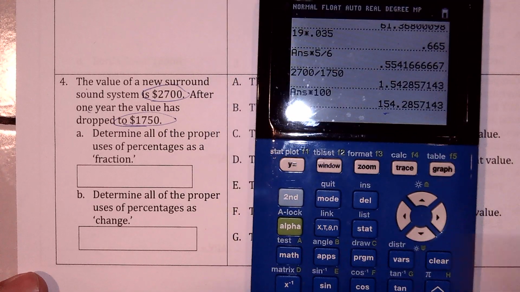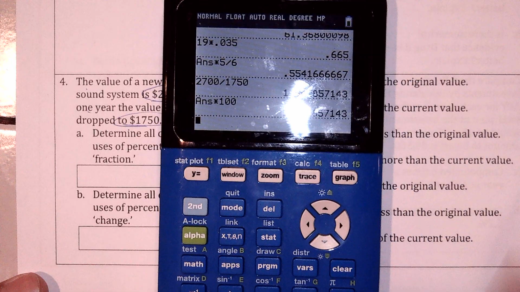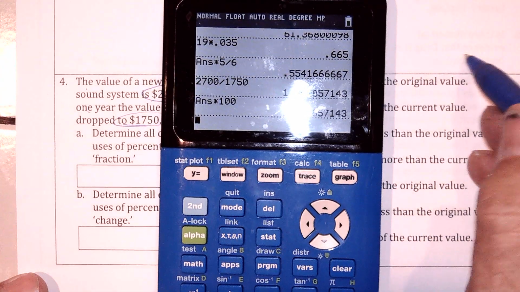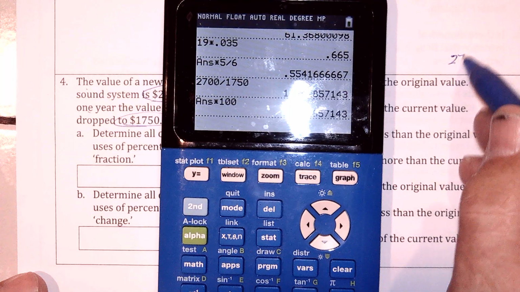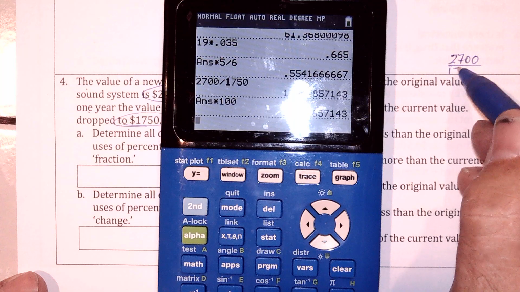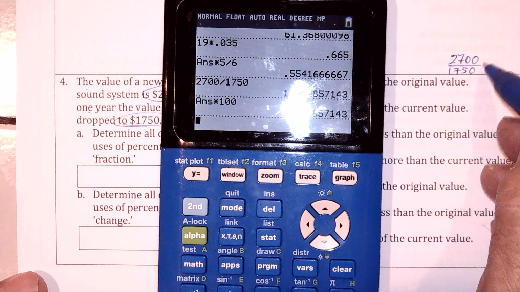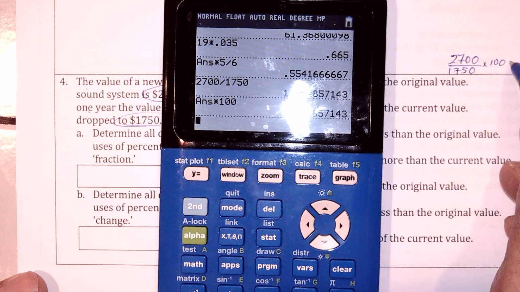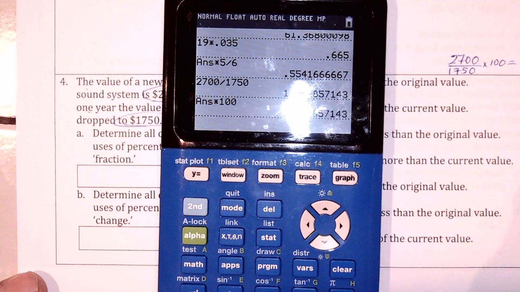Okay? So I'm going to write that down over here. I did 2,700 divided by 1,750 times 100 and got 154%.